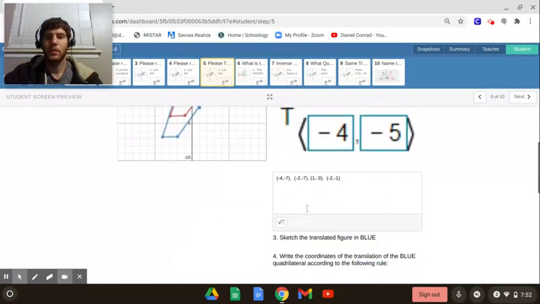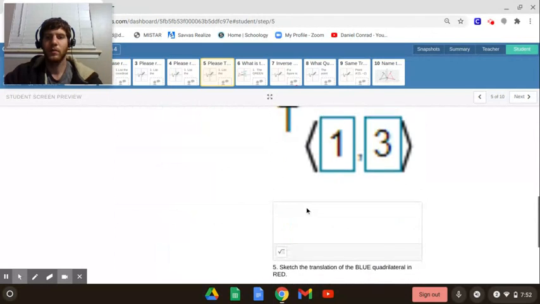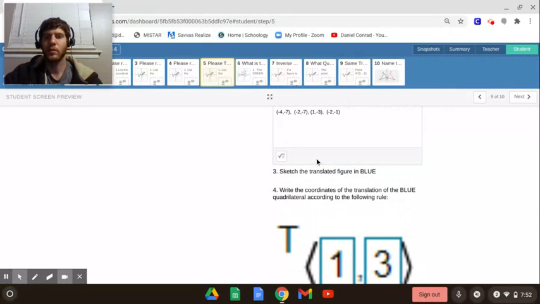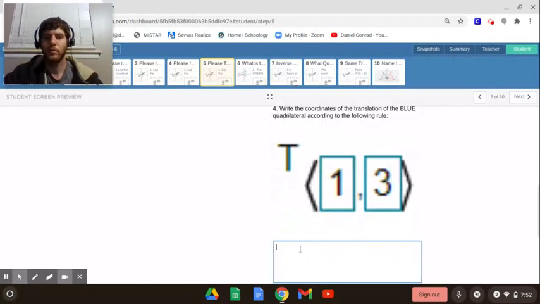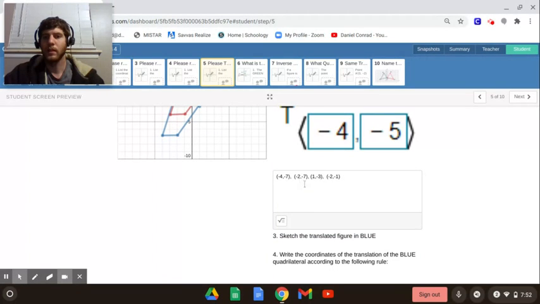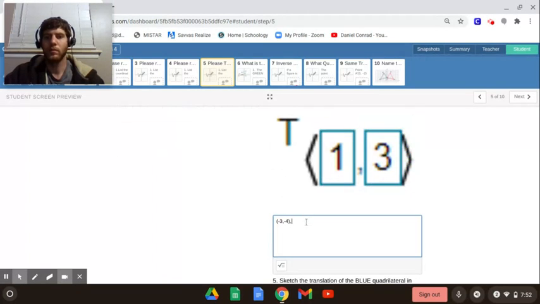But again, you could just use the previous points if you want. So you have negative 4, negative 7. If we go right 1, up 3, that's going to be negative 3, negative 4. Right 1, that's negative 1, negative 4.